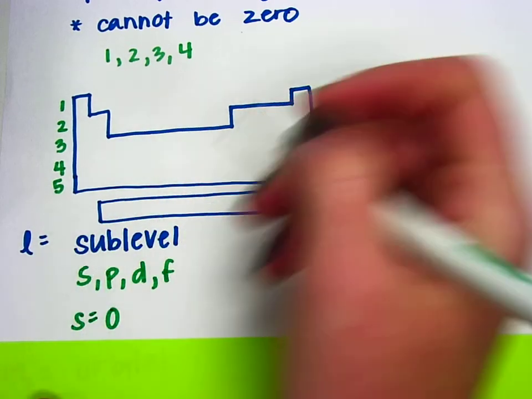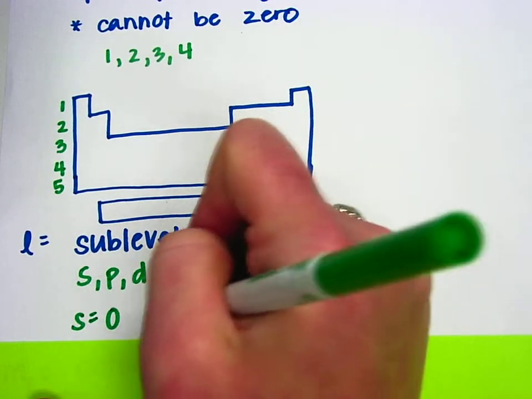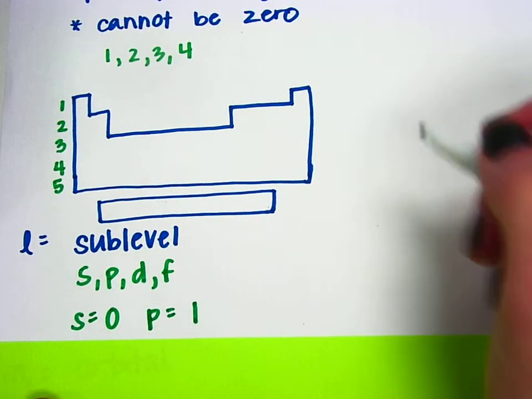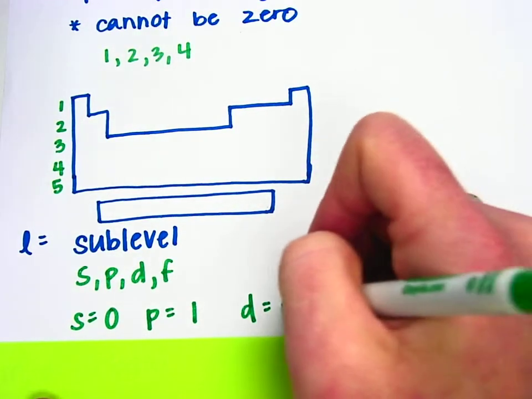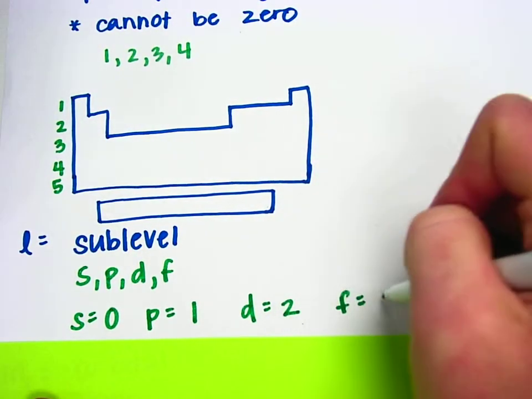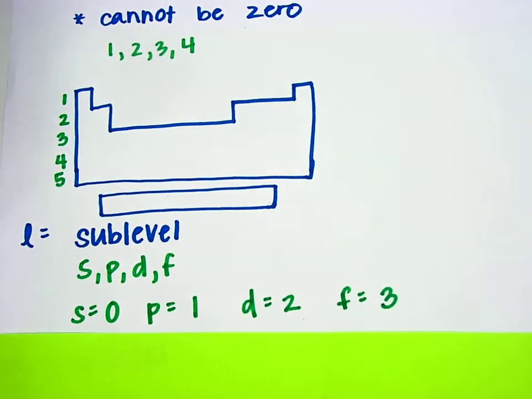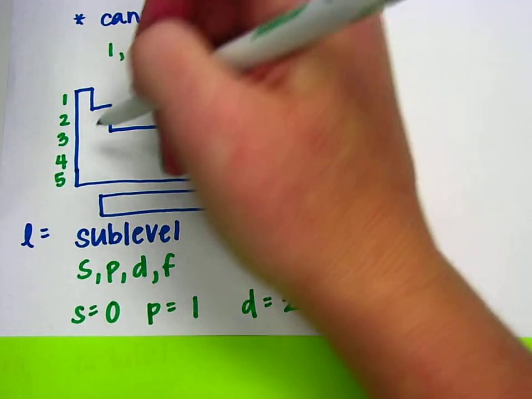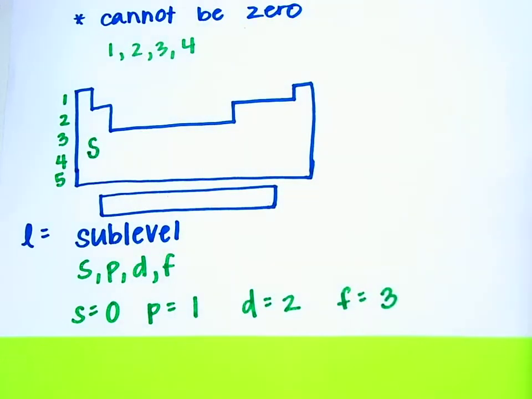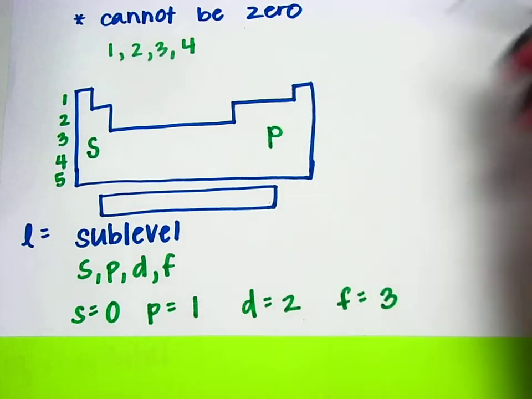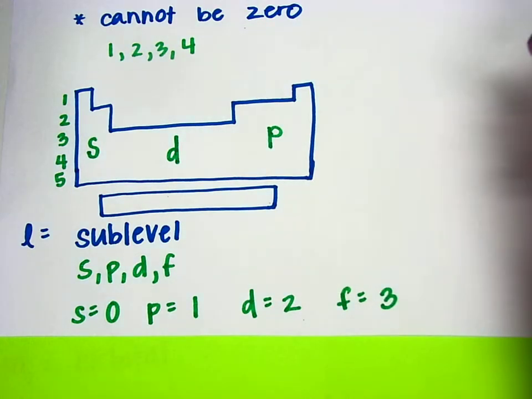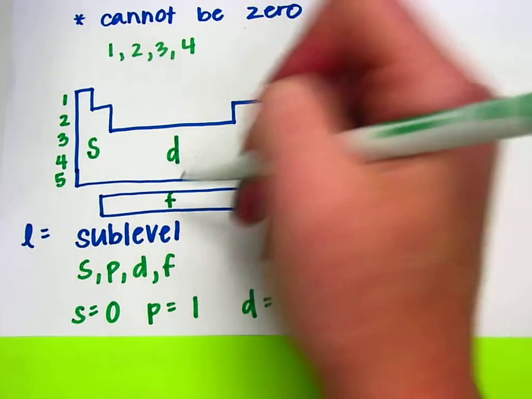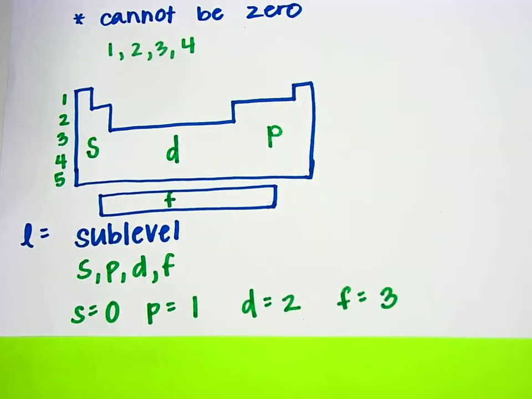So the S is going to be 0, P is going to be 1, D is going to be 2, and F is going to be 3. And just a reminder, the S is on the left, P is over here on the right, D is the transition metals in the middle, and then the inner transition metals down at the bottom are the F sublevel. Okay, so that's N and L.